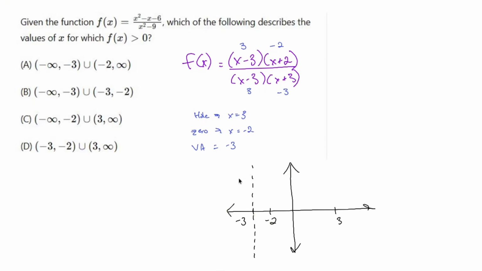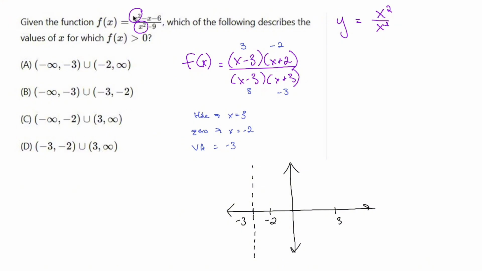So this happens so far. What I also need to find out is a y-intercept and a horizontal asymptote. Let's do the horizontal asymptote first. A horizontal asymptote lives whenever the degrees are the same in the numerator and the denominator, or the degree in the denominator is higher. These are the same. So my horizontal asymptote is going to be x squared over x squared.